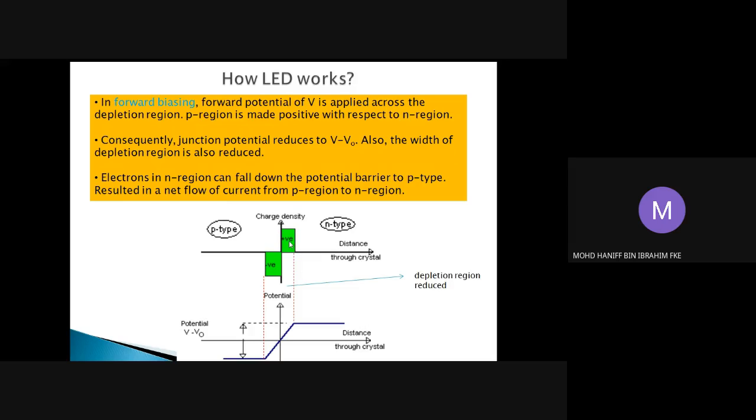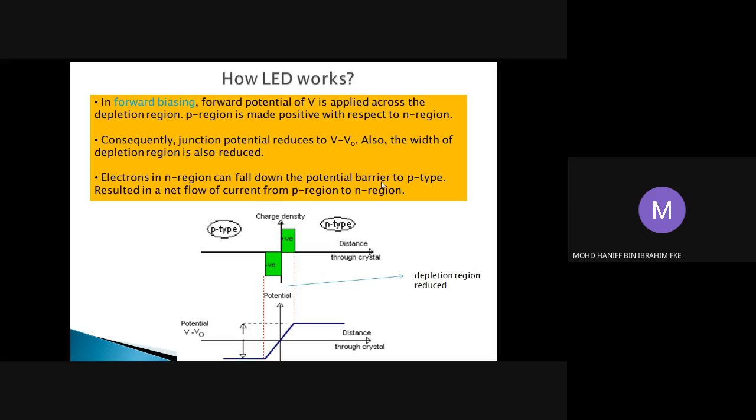I repeat: for forward biasing, the positive terminal of your power supply is connected to the anode, or the P-type, whereas the negative terminal is connected to the cathode of the N-type.